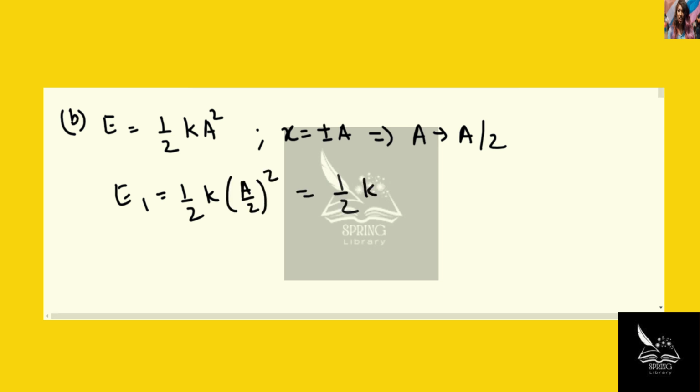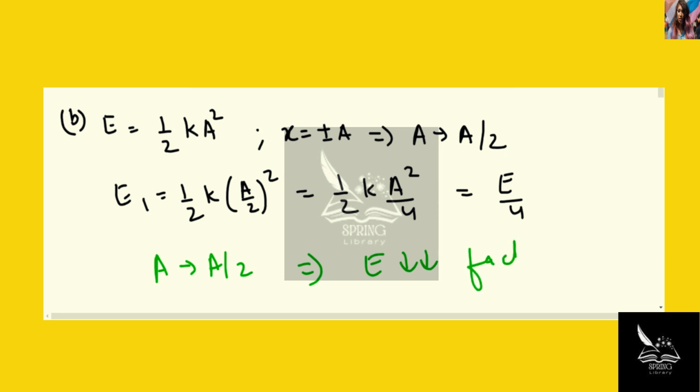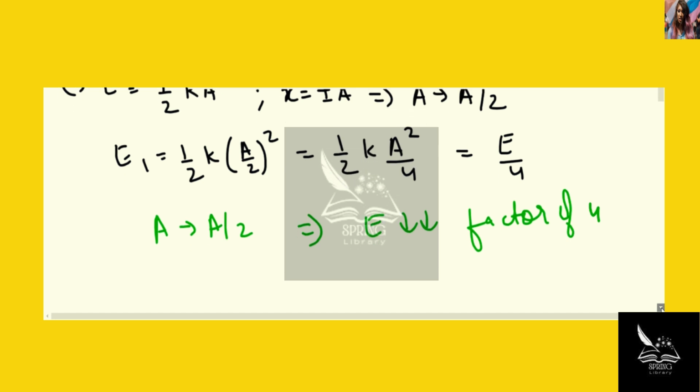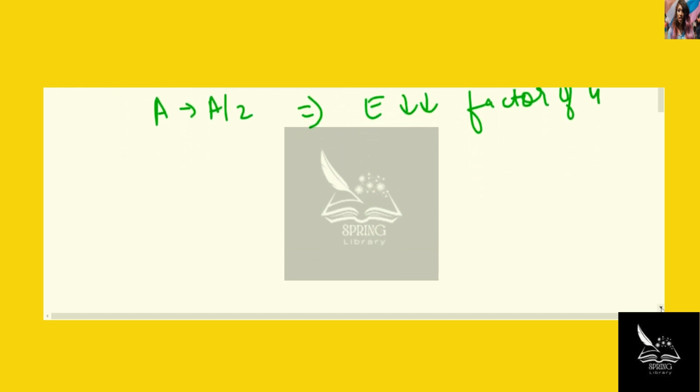That is half k A squared upon 4, which is equal to E by 4. So, what do we understand by this? When A becomes A by 2, then E decreases by a factor of 4. So this is what happens when amplitude decreases by half: energy decreases by a factor of 4.